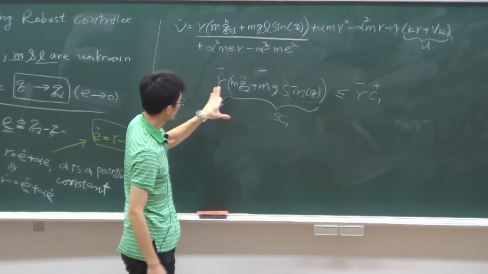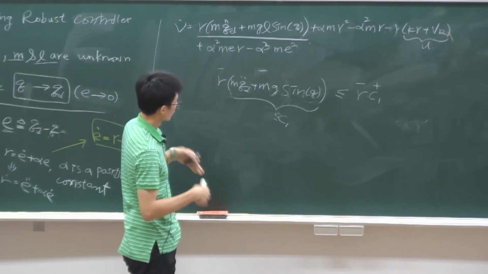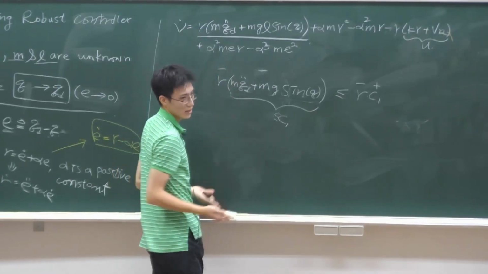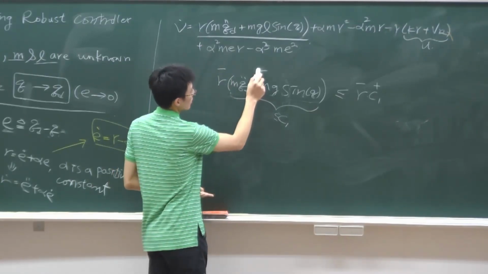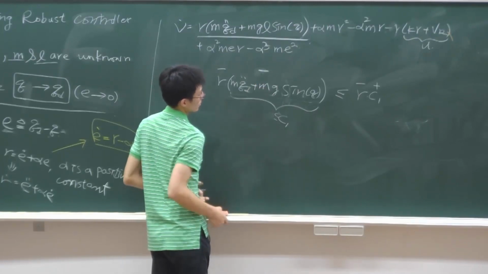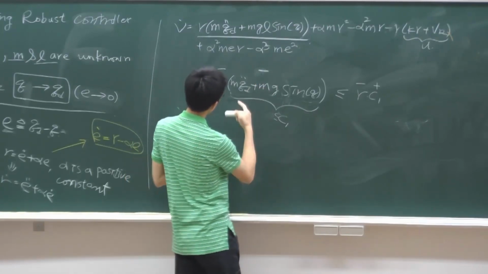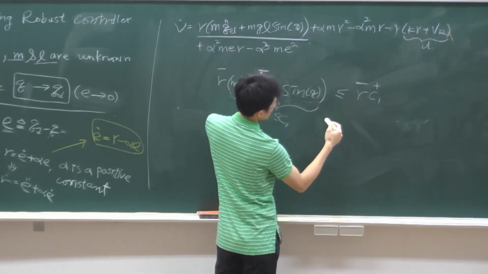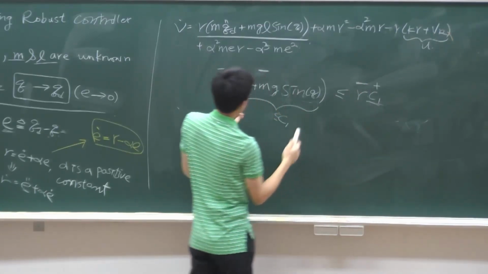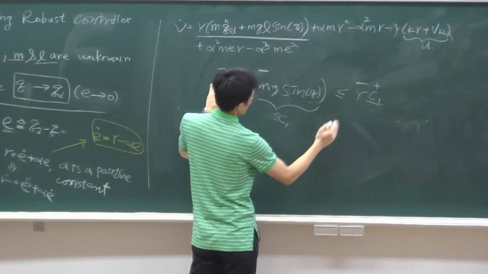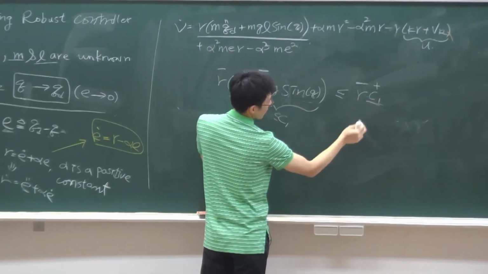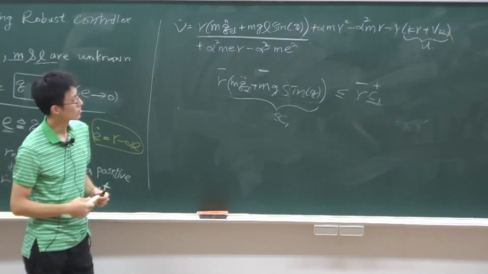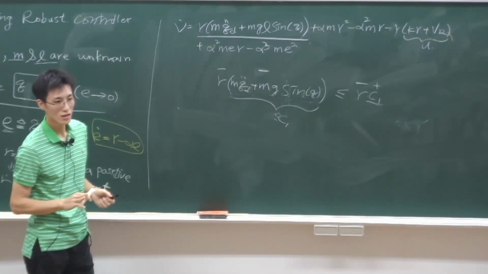But the product will change the sign. If R is minus, R is the state, you cannot control states. And if this is minus and R is minus, you upper bound a minus term by C1. So it's correct term by term, but the product will be a different story. So you cannot do that.